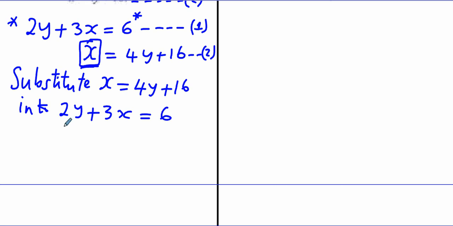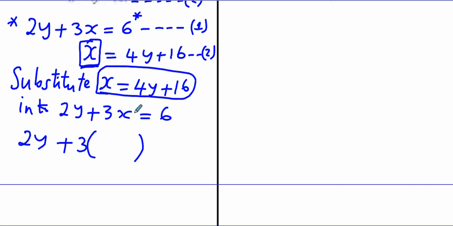Okay, how do we do that? Take your equation number 1, which is 2y plus 3x. Now, in place of x, we don't again write x, we write this one here, x equals 4y plus 16.